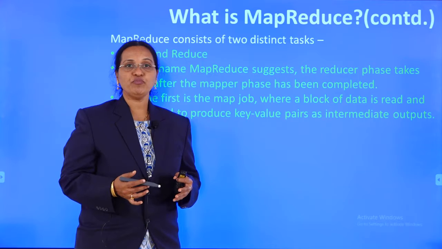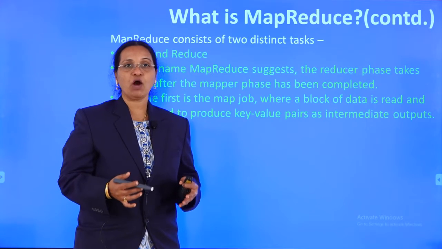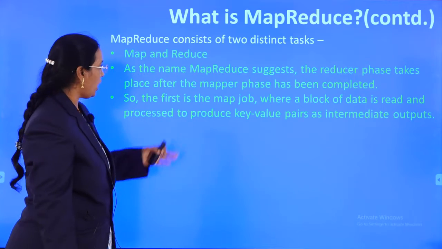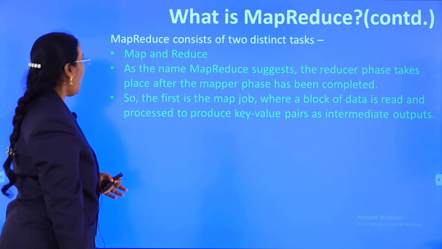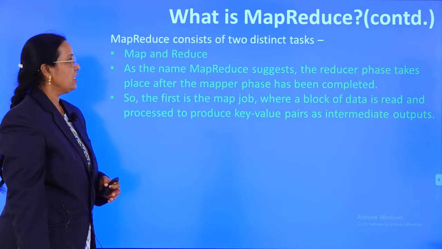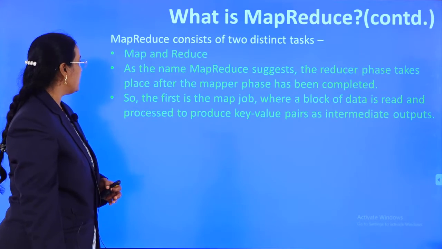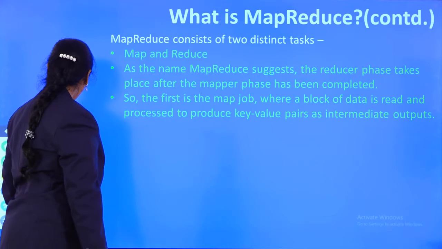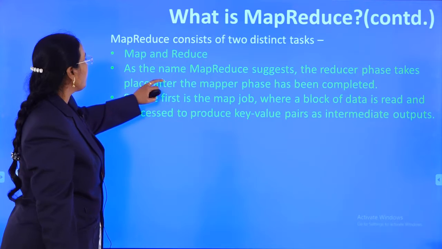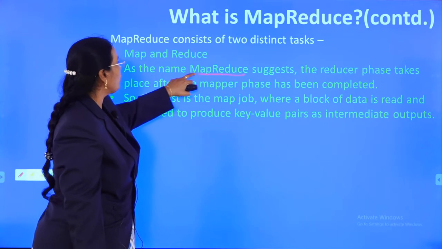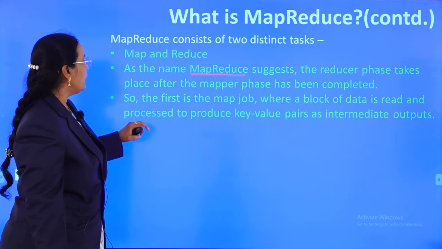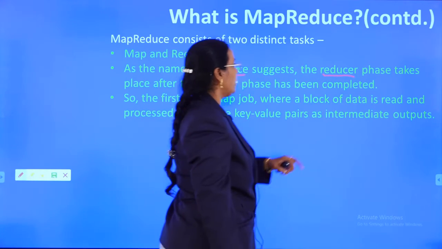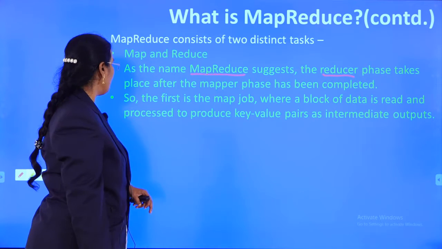These key value pairs, called the intermediate output, are given to the reducer phase. As the name MapReduce suggests, the reducer phase takes place after the mapper phase has been completed. That means the first job is done by the mapper and the second by the reducer.